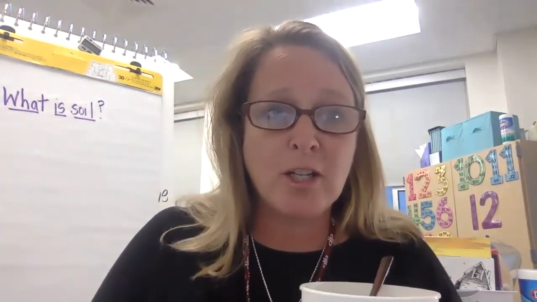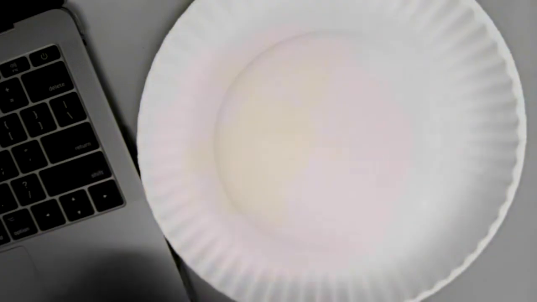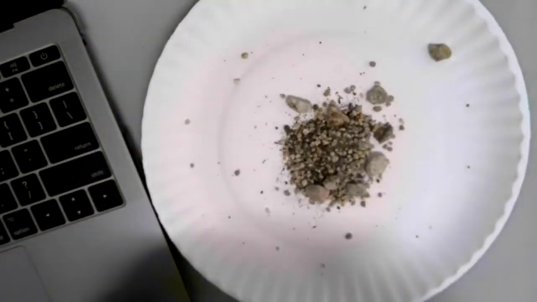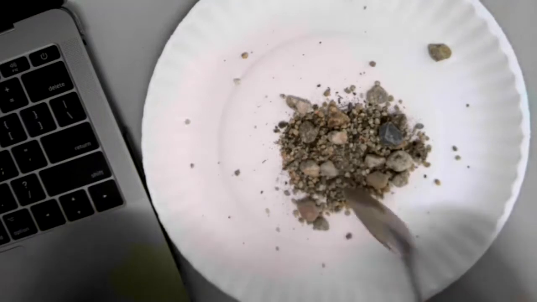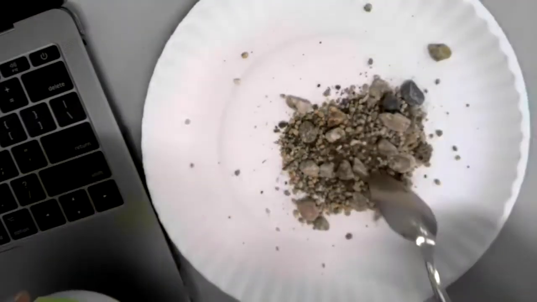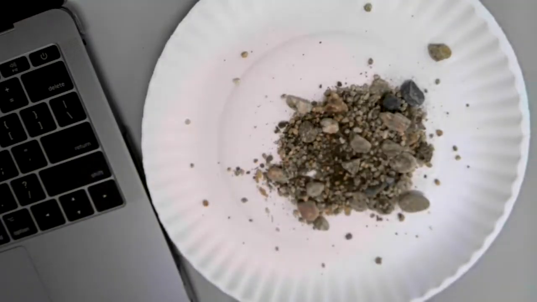So I'm going to change my camera and I want you to get ready to make some great observations. Look at that already, it's different. Okay, start to notice the differences in this type of soil.